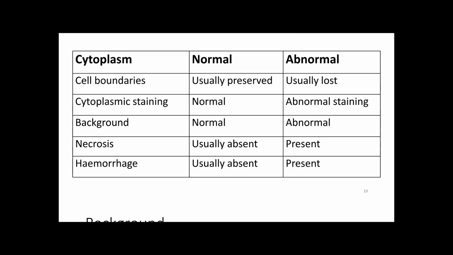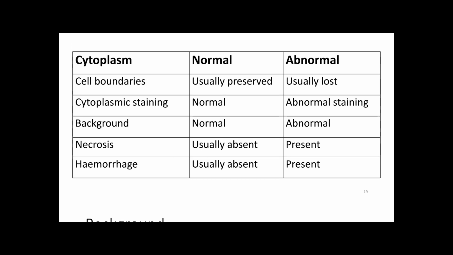So when we consider the cytoplasm of the cell, normal and abnormal, in normal cells the cell boundary, the cytoplasmic boundary and the nuclear boundary are preserved.